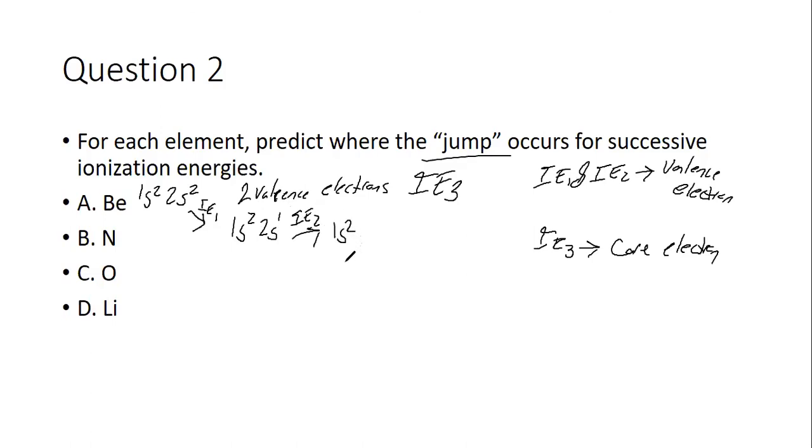So again, the energy is still relatively low for that. Ionization energy 3 is when I have just removed a core electron. Atoms do not want to lose their core electrons at all. And so that's where a giant energy spike will happen, where you need to put in a lot more energy to remove a core electron than you do a valence electron. So that's why it's IE3 and not IE2. IE2 is still a valence electron.